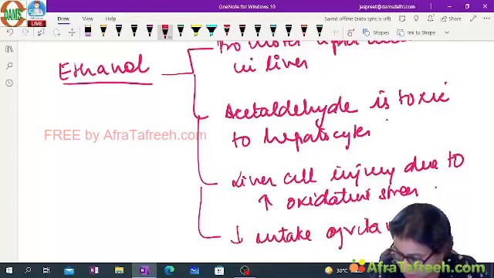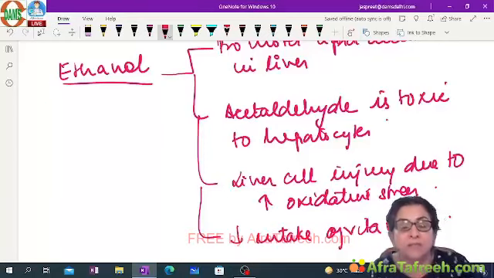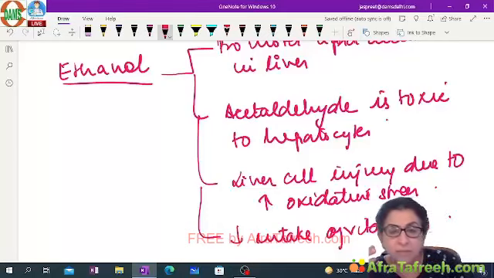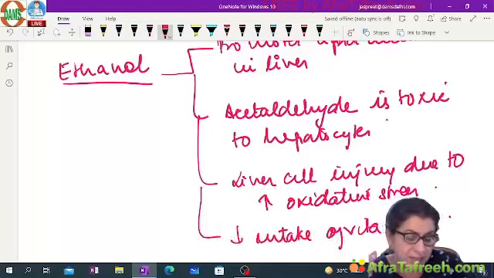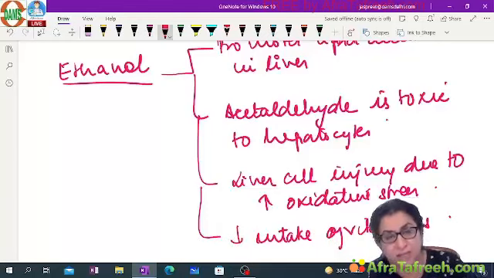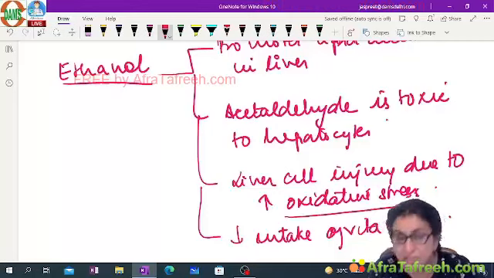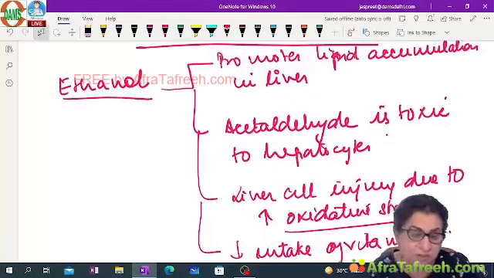All these factors cause injury to the liver. The main one is that the metabolite of alcohol metabolism, acetaldehyde, is toxic to the hepatocytes. Then free radicals: when ethanol is metabolized in the liver, free radicals are generated which impose oxidative stress, and this oxidative stress again damages the hepatocytes, and then the liver develops fatty change.